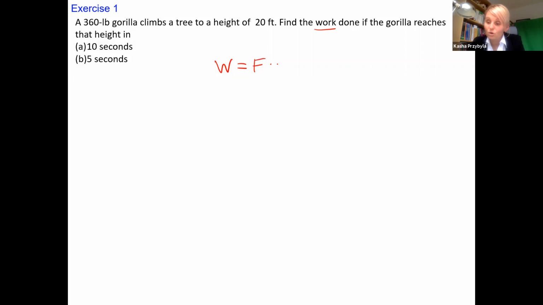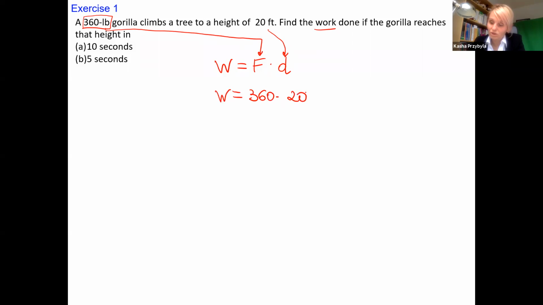That means force times the distance. Because that's the weight and this is the distance. This is simply the force, it's not a mass, it's the weight. That's the only thing that we have to do.